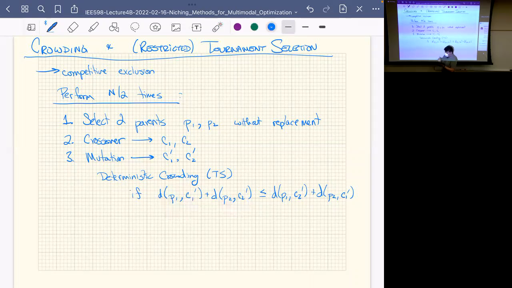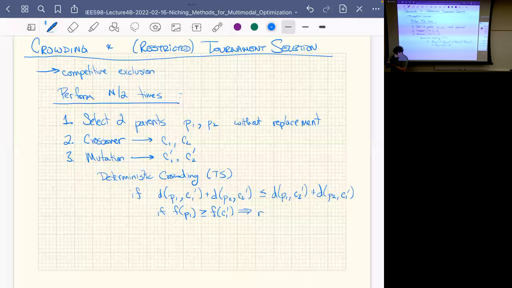In this condition, if the fitness of parent 1 is greater than or equal to the fitness of offspring 1, then we replace C1 prime with P1.